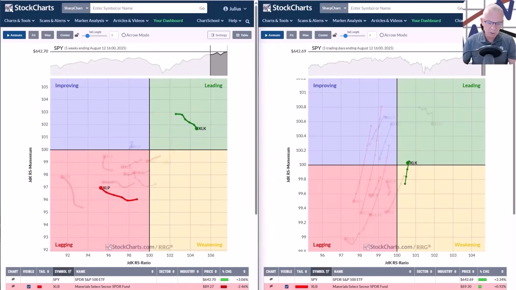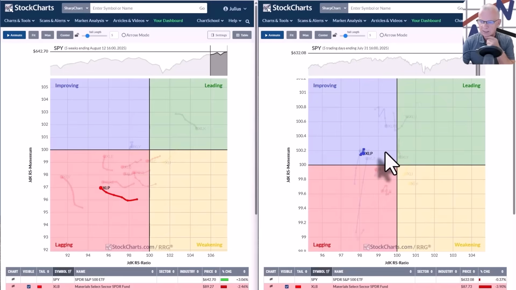We go to consumer staples. The weekly, again, it's a low reading on the RS ratio, so not very good. It's still pushing lower on that scale and it's picking up a little bit of momentum, but not nearly enough. I can tell you that this move higher here is because of what you see on that daily tail, where you saw that improvement taking place.